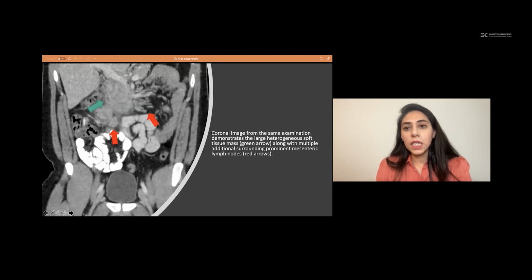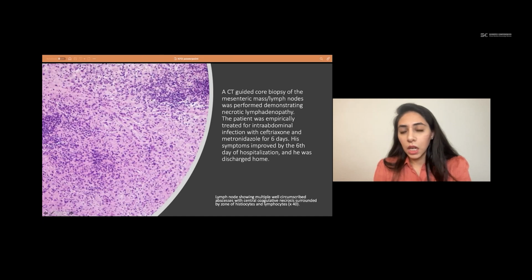We did a CT-guided core biopsy of the mesenteric mass and lymph nodes, and it demonstrated necrotic lymphadenopathy. I have shared the slide here. Once we saw that the patient was febrile, we presumed infection and started ceftriaxone and metronidazole for 6 days.